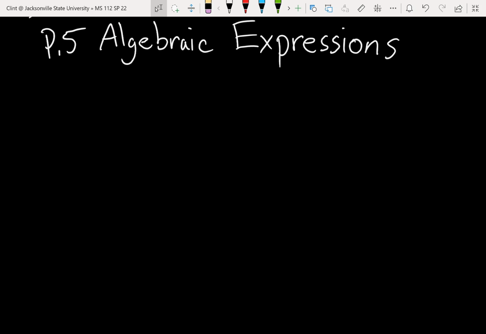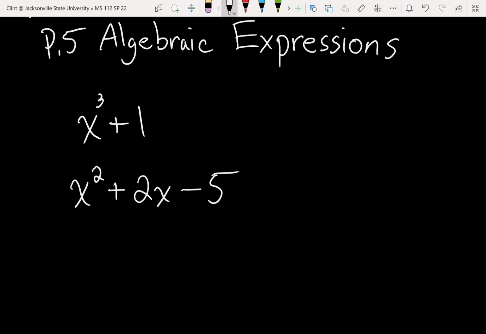So algebraic expressions, I'm talking about things like that. That would be an algebraic expression. It has a variable involved.